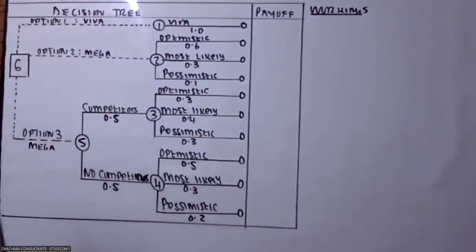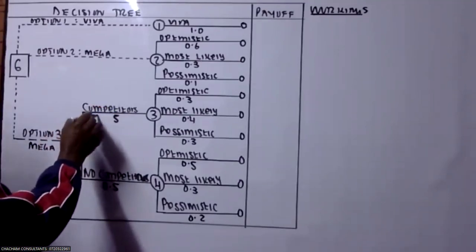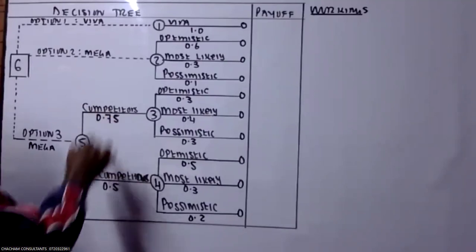Excuse, teacher. Yes, Carol. Option 3, we have been told that there is 75% chance that there is competition from rival firms. Oh, it has escaped me.